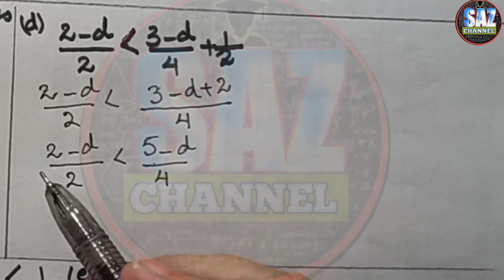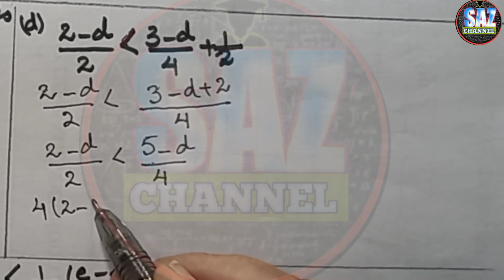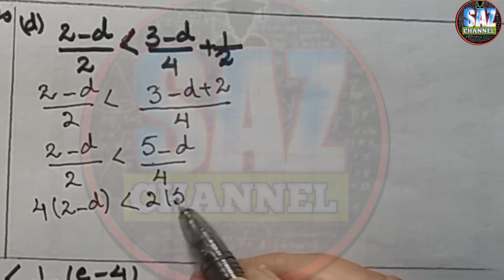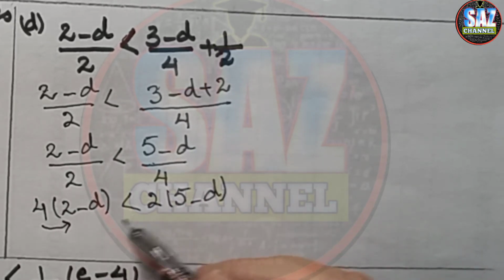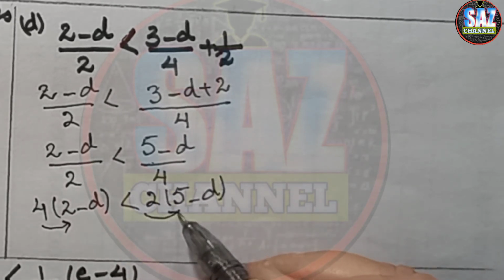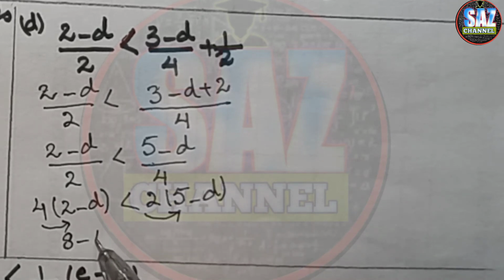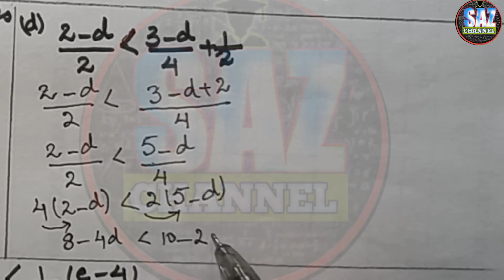Now go for cross multiplication. 4 into (2 minus d) is less than 2 into (5 minus d). Now apply the distributive property carefully. And this can take the form 8 minus 4d is less than 10 minus 2d.